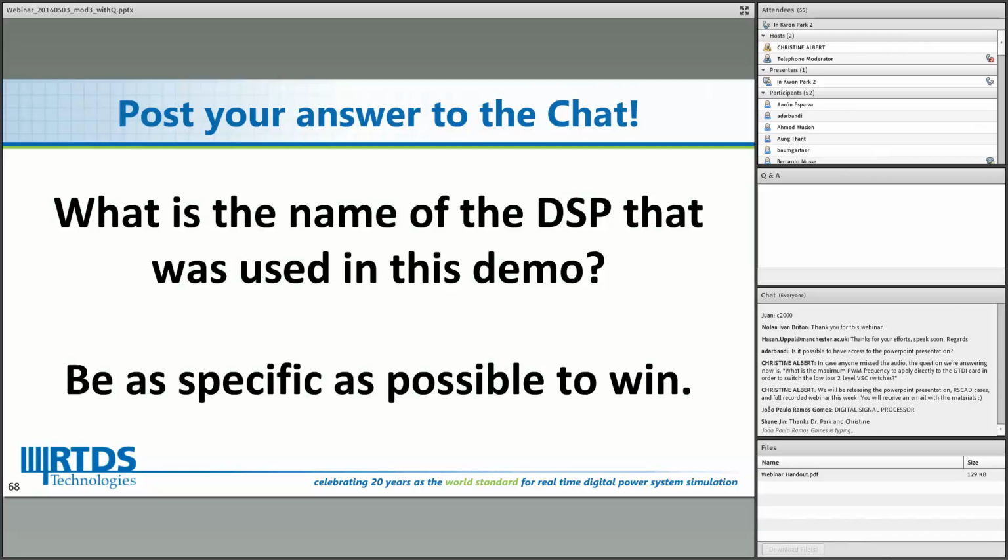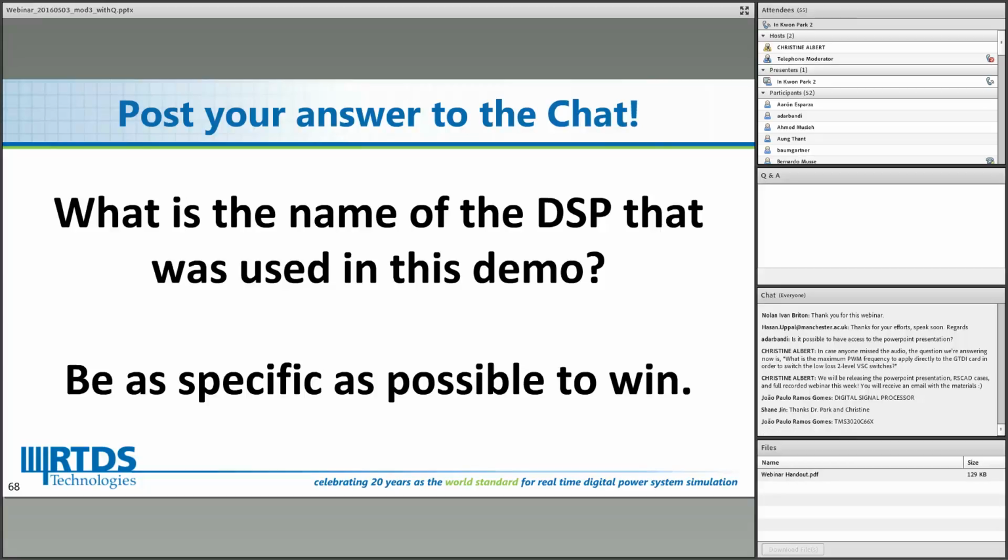So that would be the guideline in terms of picking your switching frequency, in terms of interfacing your controller with RTDS. Of course, you can go with a higher switching frequency. There is no written rule or law which prevents using a higher switching frequency.